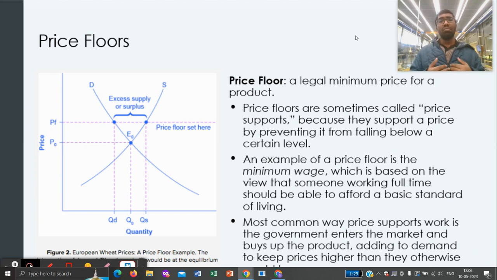The government plays an important role, because they set a price floor under which they cannot sell. This is a very great initiative. But sometimes when demand is very less and supply is very high, the cost goes below the price floor. At that time, all the farmers or industry people have to sell at a loss.